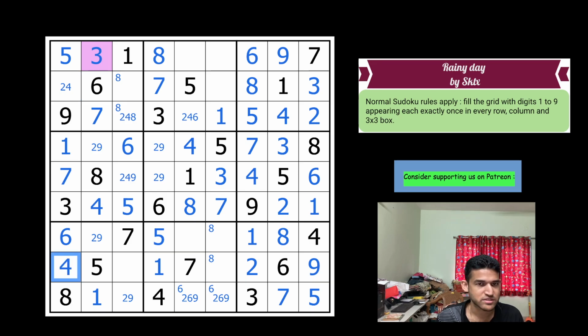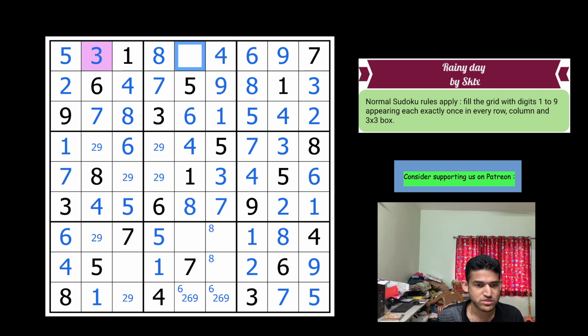This is 4. This is 2. These two cells are gonna be 4 and 8, and that would be 8 and 4. So this is 2, 9, and this would be a 6, 1, 5, 6, 3, 7, 8. So 2, 4, 9. So this is 9, and that is 4.